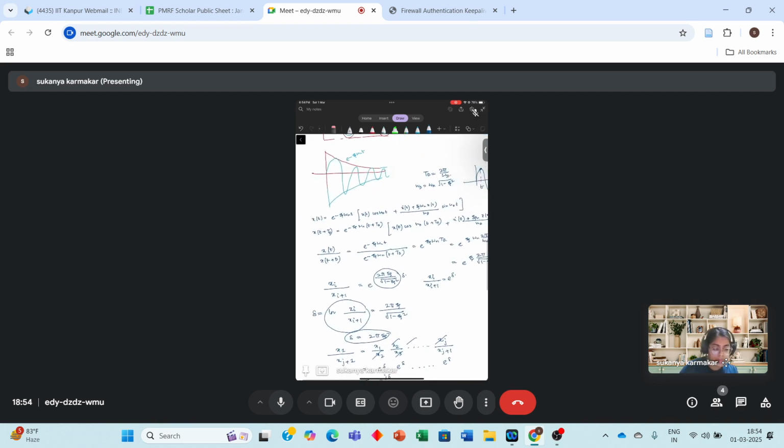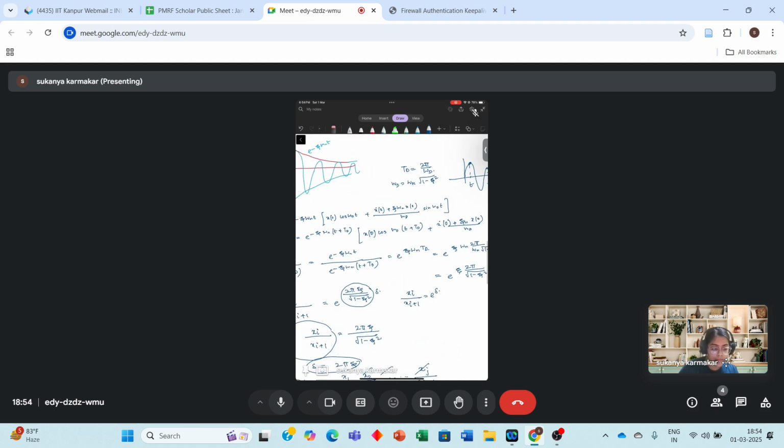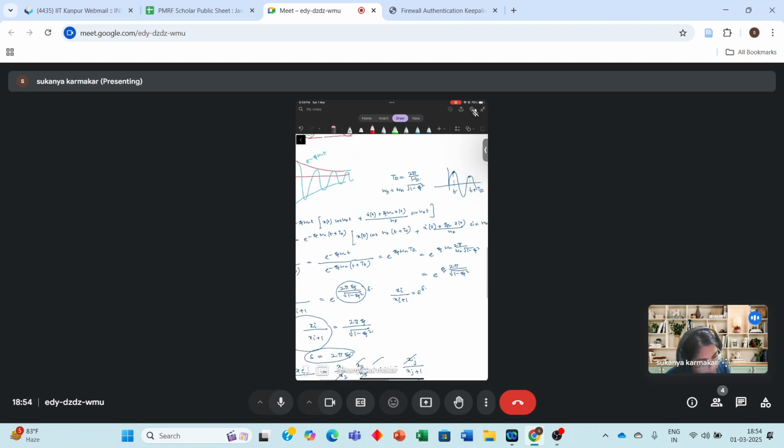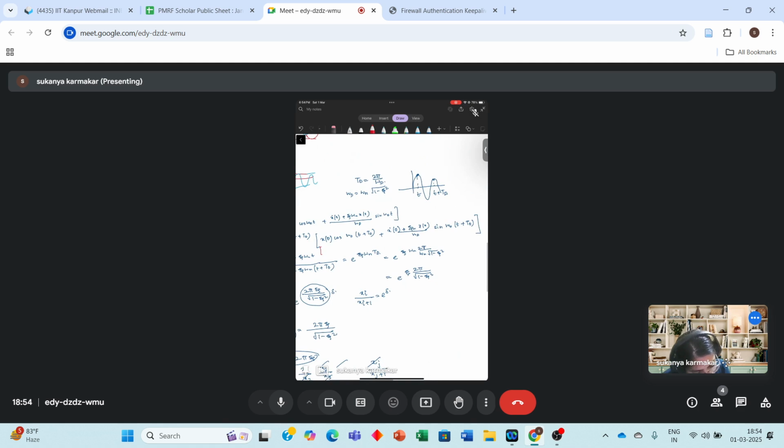Regarding Td, the period is in multiples of 2 pi, or how are the terms getting cancelled? Because at this stage, if I open this square bracket, it will be x0 cos of omega d t plus omega d into Td.